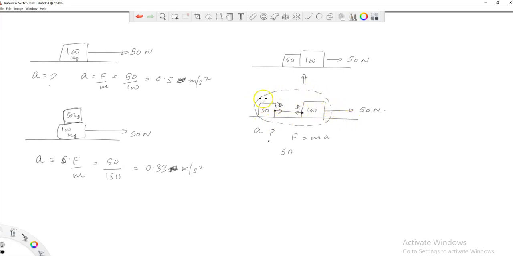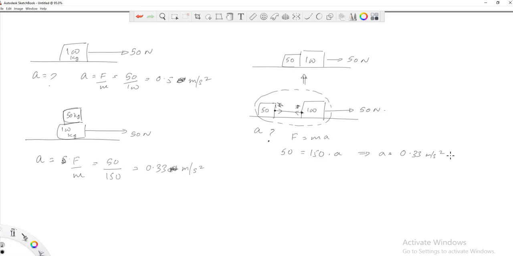When you consider the big system, the two tensions are inside the system, they cancel out each other. So we have F equals ma, the outside net force is 50, mass is 150 times acceleration, giving you acceleration equals 0.33 meters per second squared.